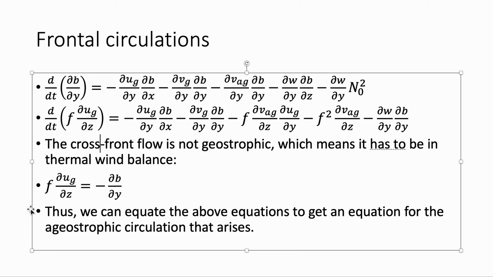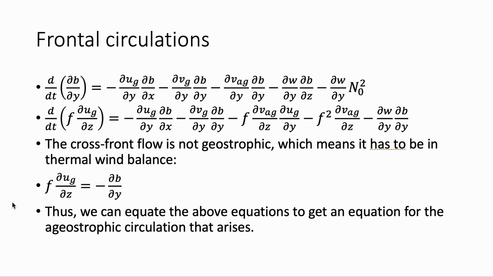It was correct before, I'm so sorry. The cross-front flow is not geostrophic. It has an ageostrophic component, and there has to be a thermal wind balance between the gradient in buoyancy and the geostrophic component of the along-front flow. And so you can see that if this is true, then the time derivative of this is also true, and so these two have to be equal.